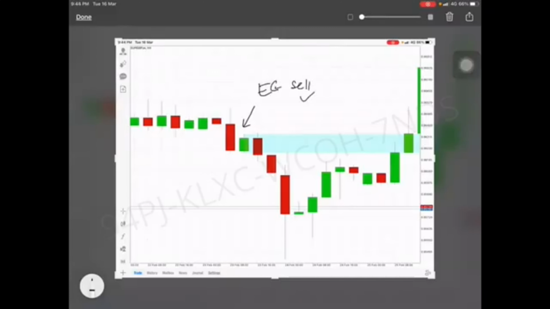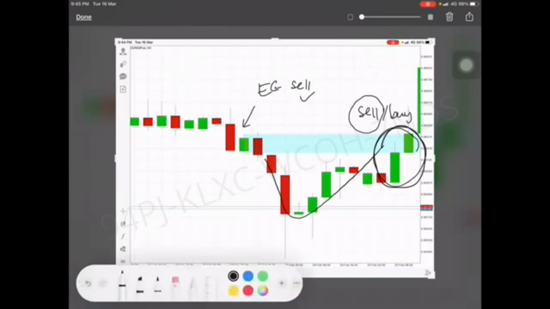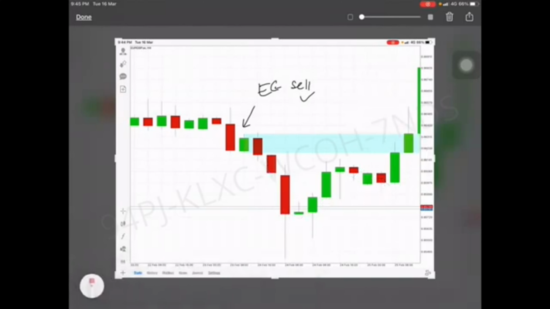That is correct. Okay, so when the price comes to the zone, what are we looking for? Are we looking for sell or are we looking for buy? Buy. Nope. At this point, we are looking for sell. But the price broke upwards.